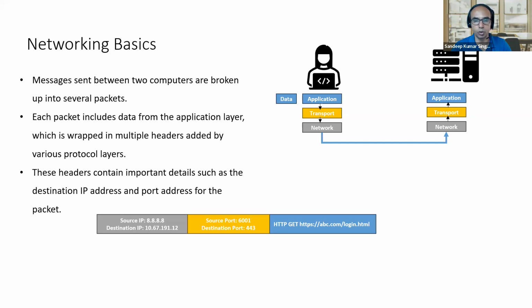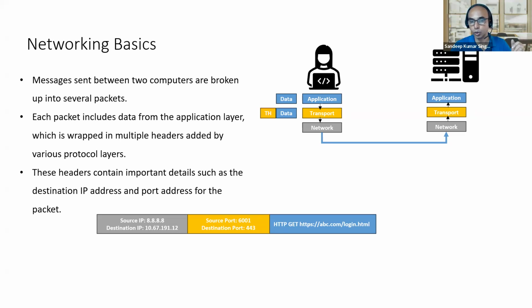Those credentials go to the transport layer, then to the network layer, and then finally travel through the internet and reach the server. There it will reach the network layer, then the transport layer, and then the application layer, and then the server will see the data and act on it. So this is the basic mechanism and how the flow happens.